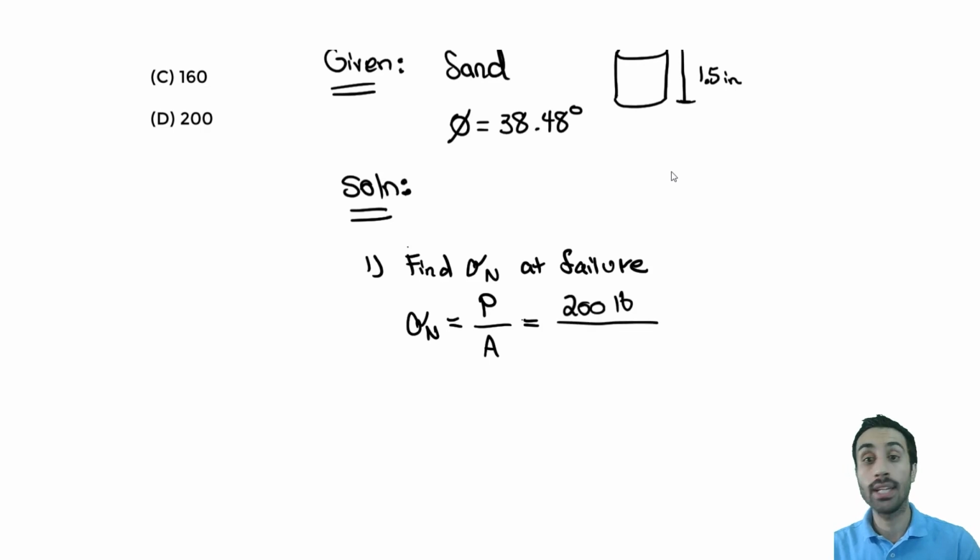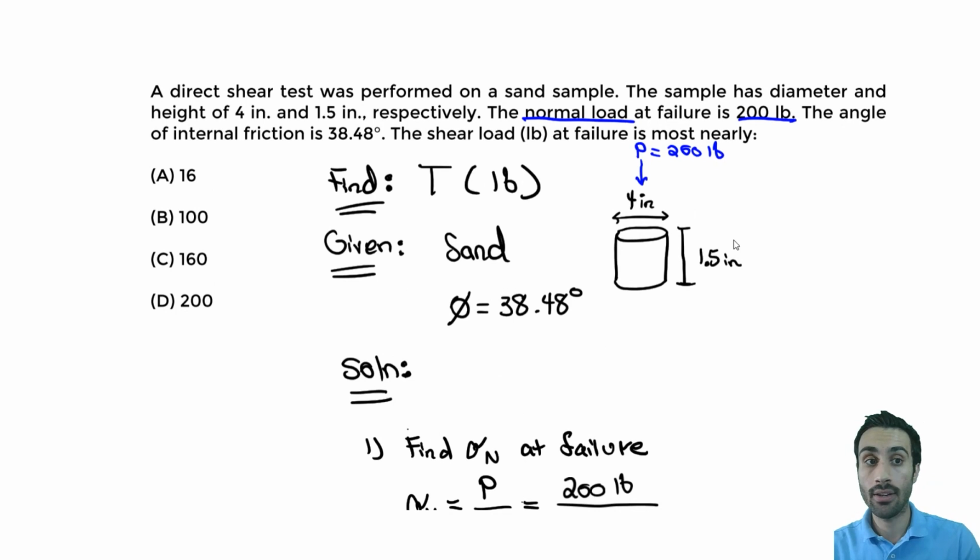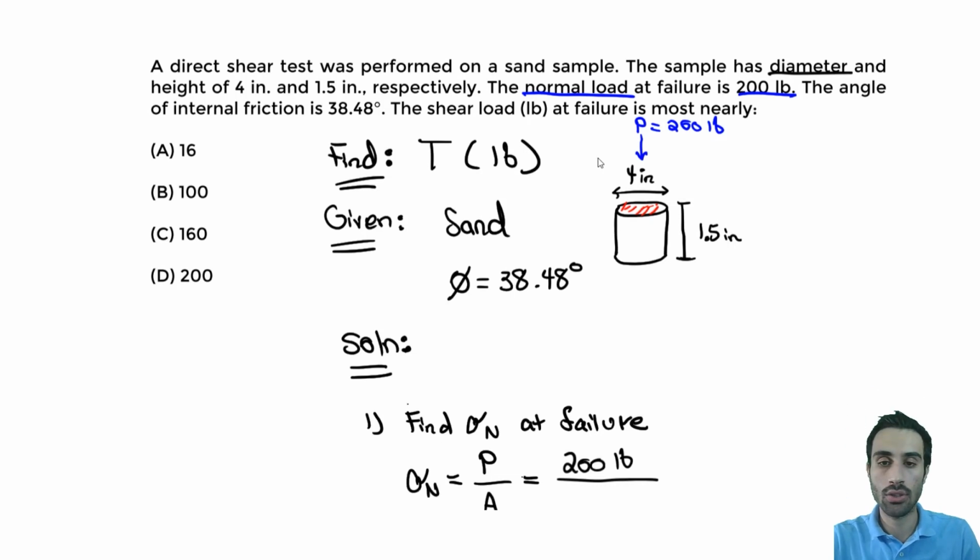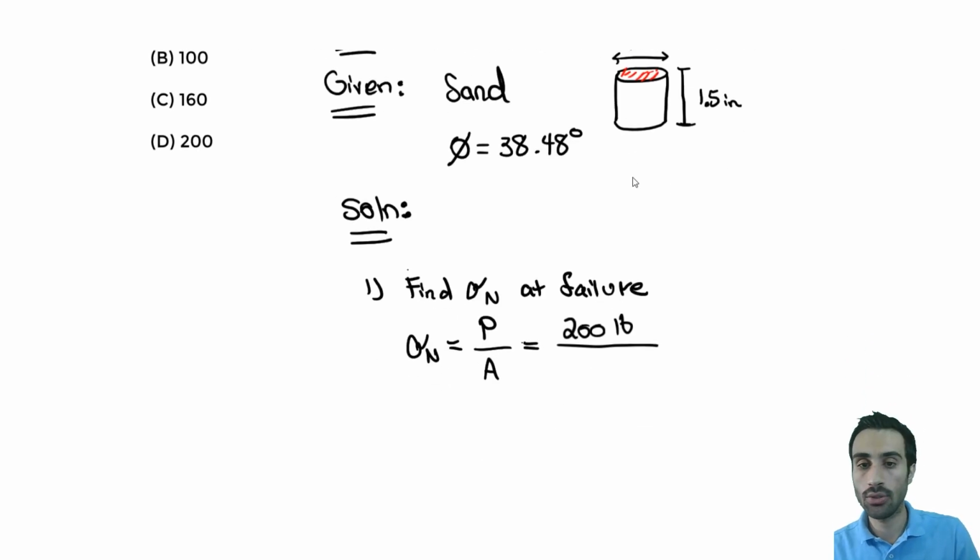Now what is the area? Remember, in this case, we're loading a cylindrical specimen, and the biggest hint is the word diameter. Diameter relates to the cross-sectional area of a circle, and we're loading this cross-sectional area. So the area of a circle with respect to diameter is pi d squared over 4, where the diameter is 4 inches in this case.